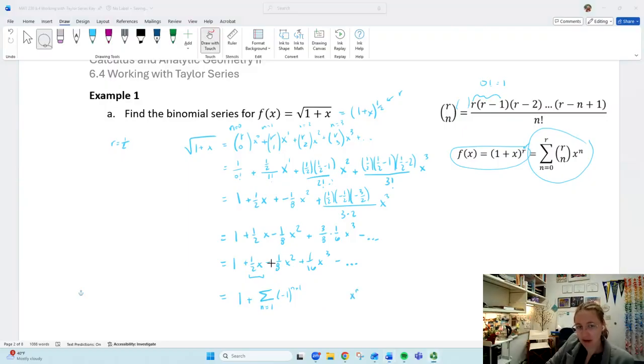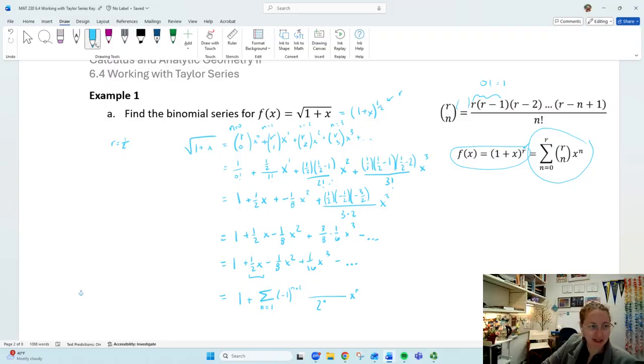Now I just have to worry about all of my terms out in front. I can see this pattern here: I have a 2, I have an 8, I have a 16. So this is going to be a 2 to the nth on my denominator. And then this next one is a little bit funky.